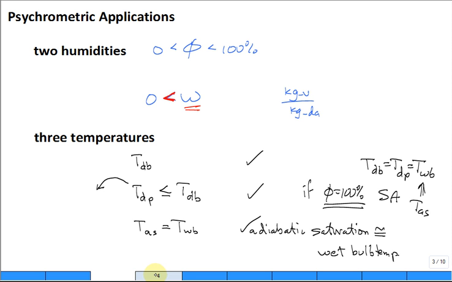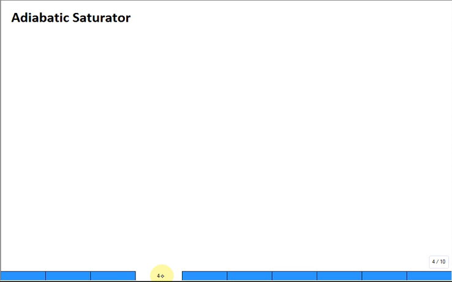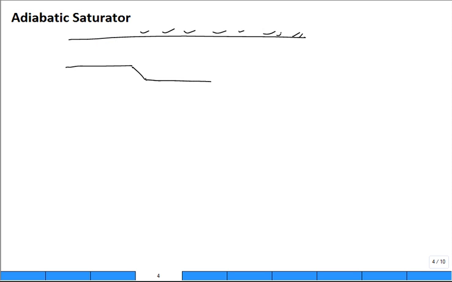Let's talk about the adiabatic saturation temperature. So we consider an adiabatic saturator. It's a well-insulated device that has a chamber in which air can flow into it, and it comes in at a certain temperature and a certain humidity.